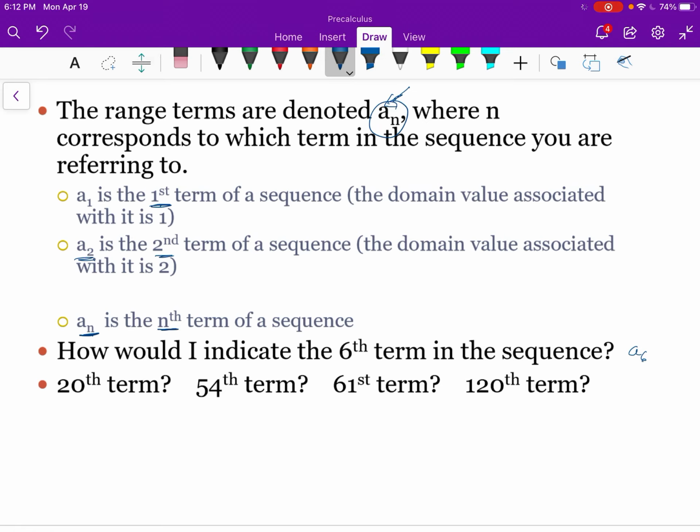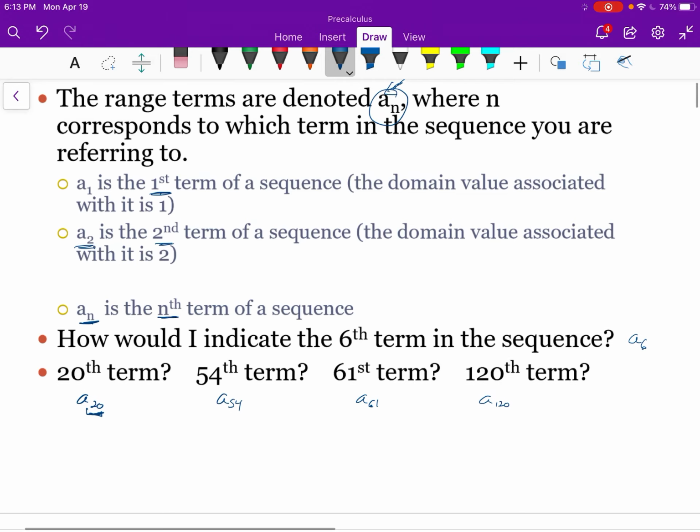So a sub 6, the 20th term, a sub 20, the 54th term, and hopefully this is pretty easy by now, the 61st term, we could say a sub 61, and a sub 120. That's how we can indicate it. So the 20 tells us our domain value, and then a sub 20, whatever number that is, is the range value.